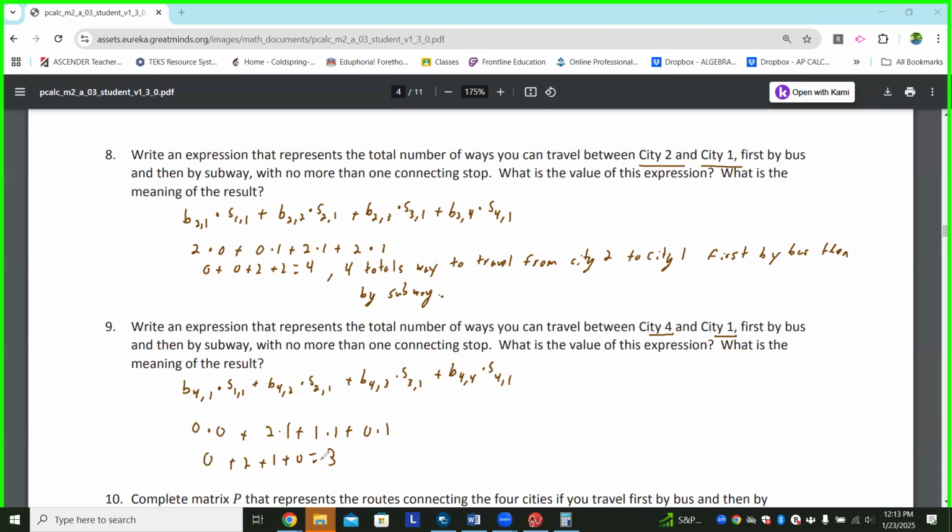Yeah, perfect. So 3 total ways, or 3 ways, or however you want to write, 3 total ways to get to city 4 to city 1 by first taking a bus, then a subway.